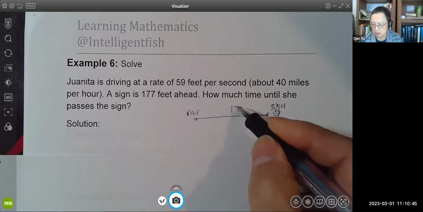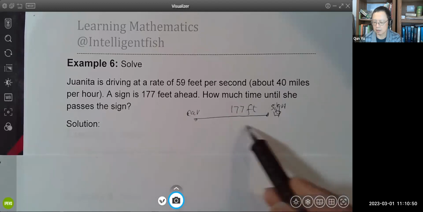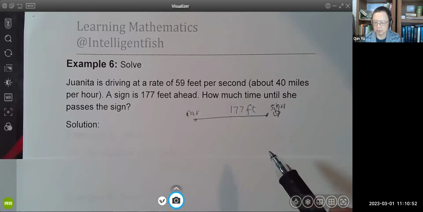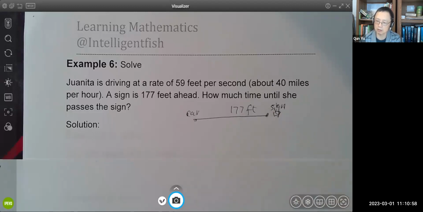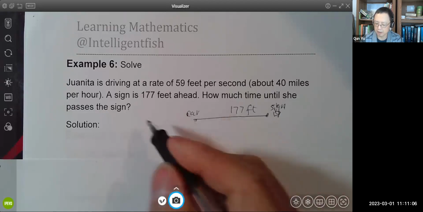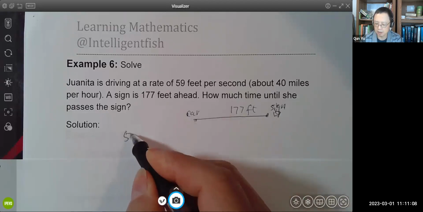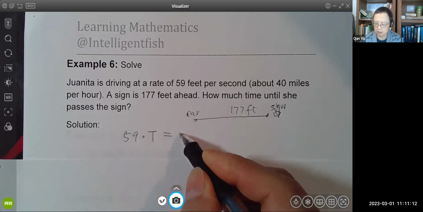The distance is 177 feet, right? Distance equals speed times time. Speed times time equals distance. So we are looking for time. We don't know the time. So that's why in algebra, we can use a variable to represent the unknown. So let's use a t to represent the time. Okay. So speed times time equals distance.